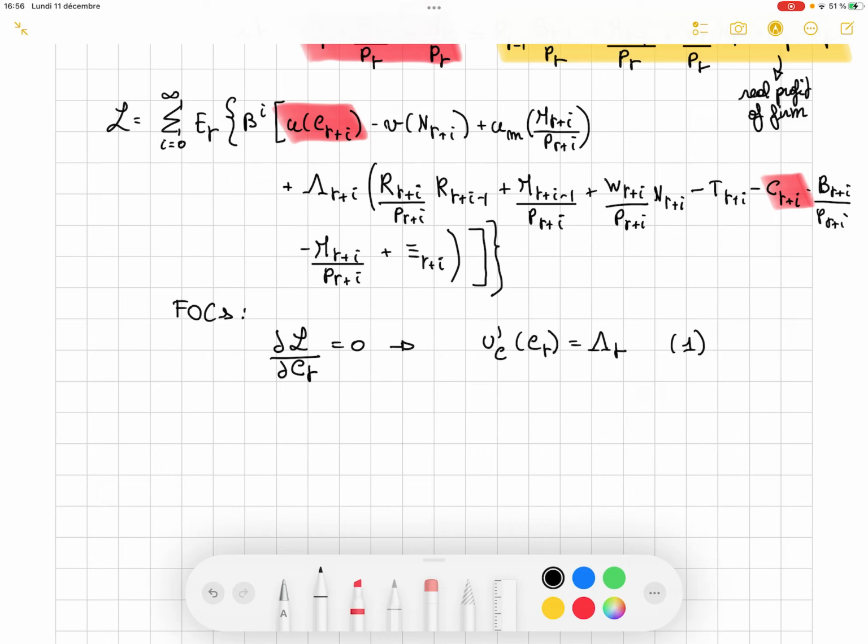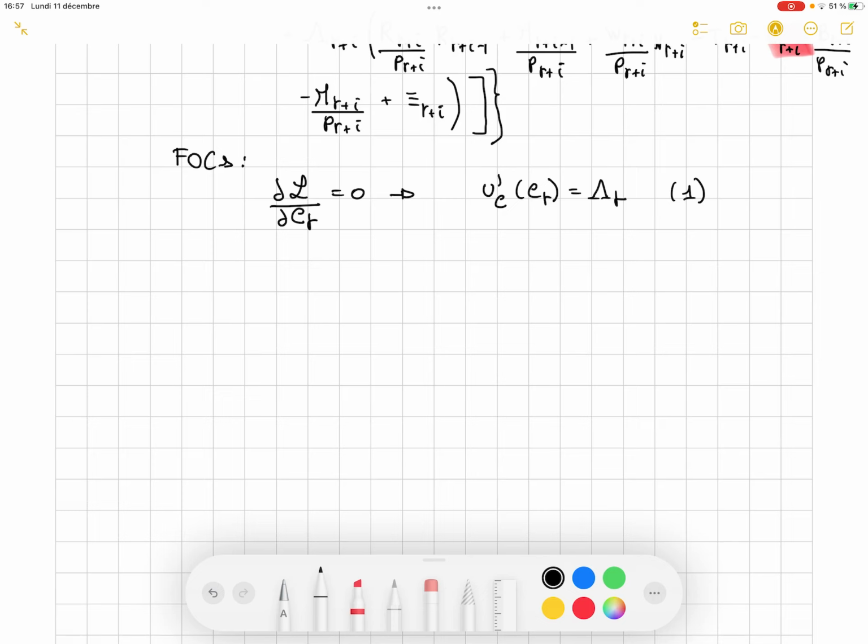Okay, so it's how your utility changes if you get 1 more unit of real income here. And of course, here your real income is 1 more unit of consumption. So it's not very surprising that the Lagrangian parameter, that is sometimes called the shadow price, you will see why, of this problem is equal to the marginal utility of consumption. It's the utility that you get from one more unit that you can consume.